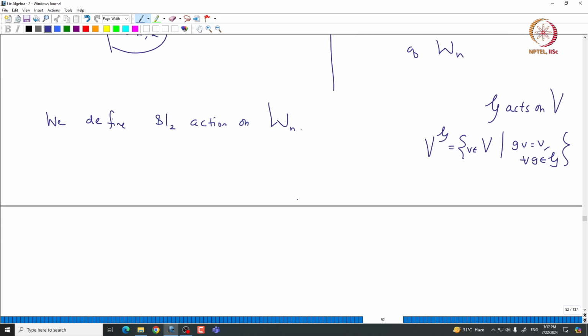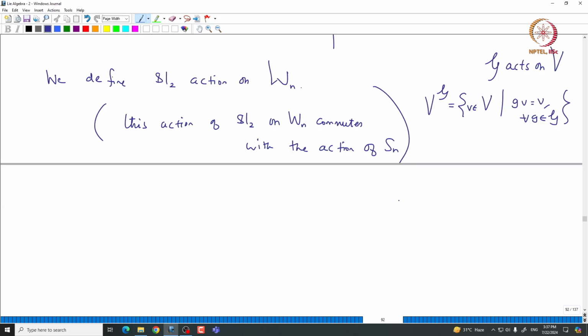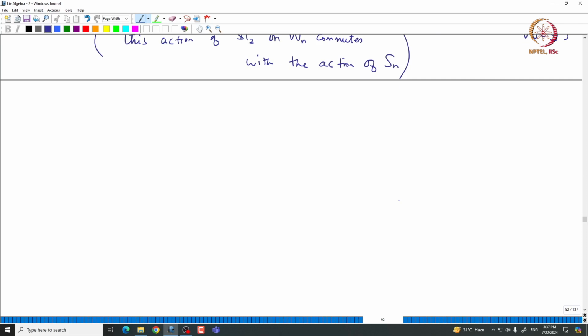This sl2 action that we are going to define will naturally commute with Sn. So we want to define it such that this action of sl2 on Wn commutes with the action of Sn. That is why one will be able to restrict the action.